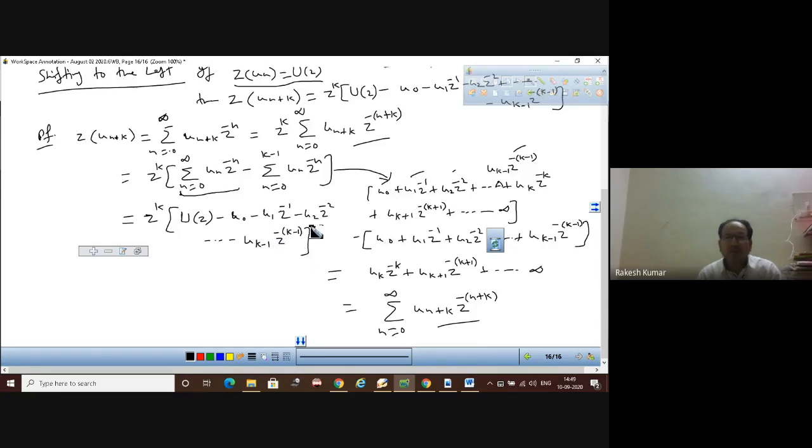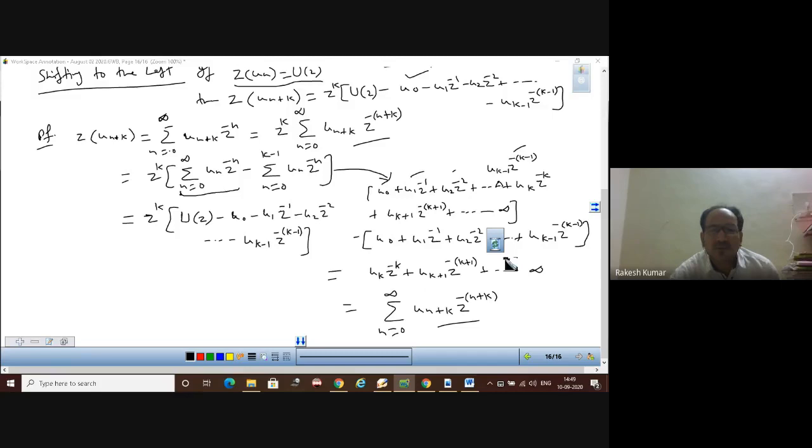And close the bracket. This is the term we require. You just see what we have. This is where we want to go. Just observe this one. This is the required term, and hence the result. So we have been able to prove the shifting to the left also by using this.